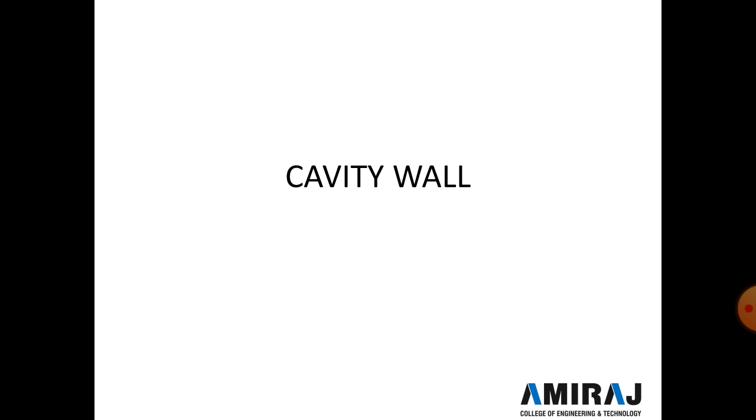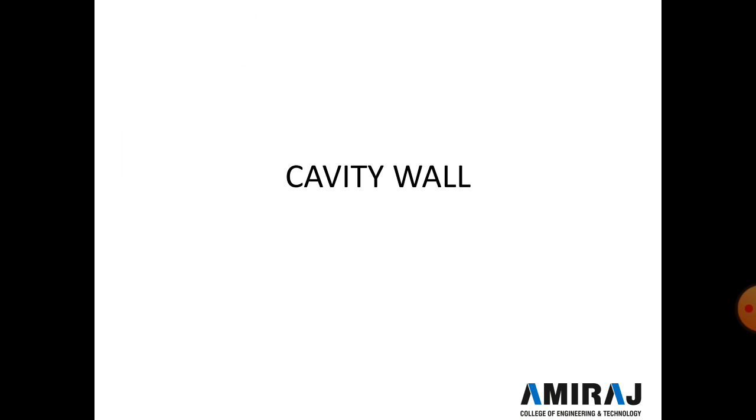In the cavity wall we discuss what a cavity wall is, the advantages of the cavity wall, then the general principles of construction, then the brick cavity wall, and we discuss the position of the cavity in different parts, and at the last we discuss the position of the cavity at an opening. So let's start with the lecture on the cavity wall.